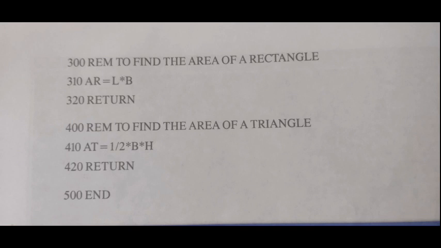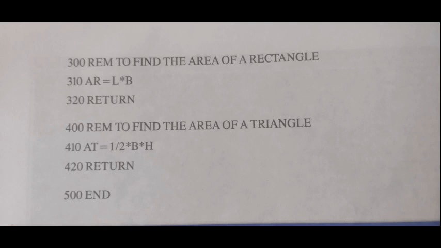Again half into b into h is calculated, and again it returns to the main program. After completing all the subprograms or subroutines, it returns to the main program. So the RETURN statement is given at the end of the subprogram, and GOSUB line number means go to subroutine, with the line number given for the subroutine.